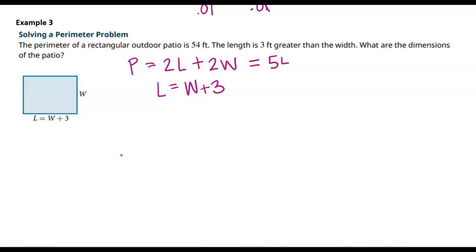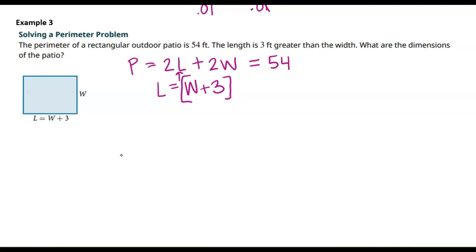I'm going to go ahead and let my perimeter be equal to 54. And just like we've solved all these other problems, I'm going to substitute in for the variable that I know in the original equation.